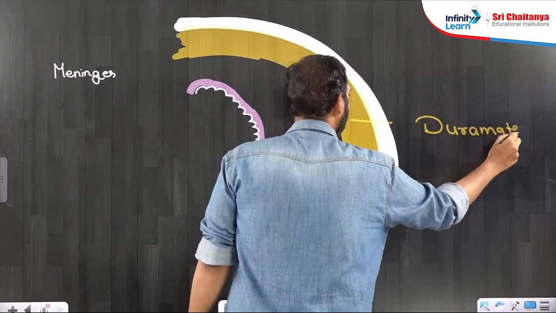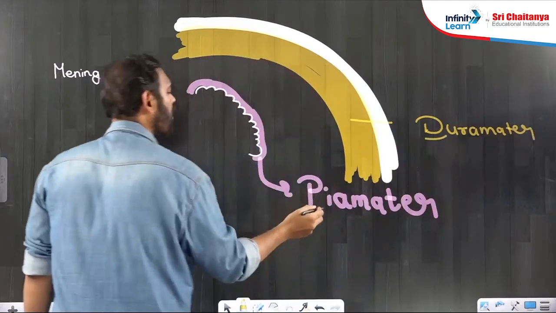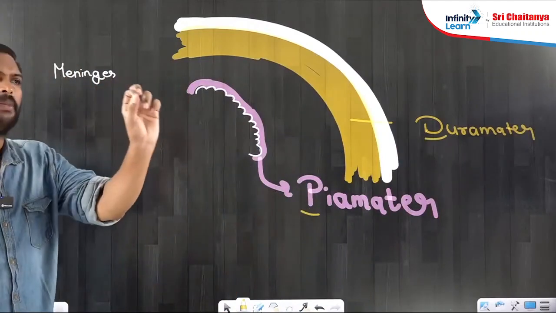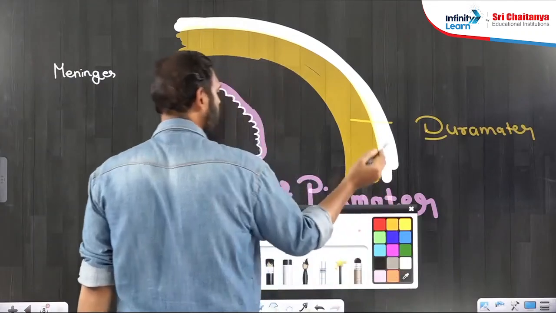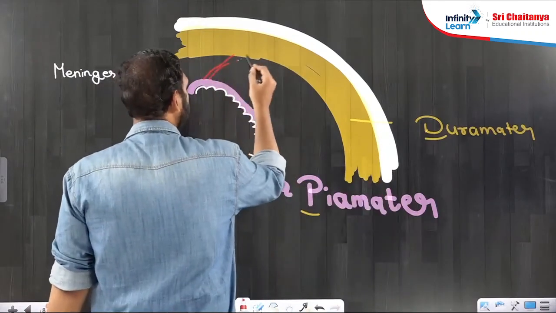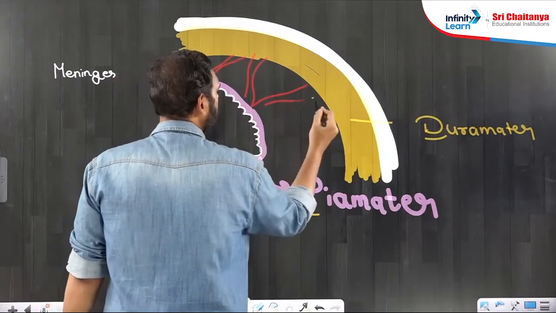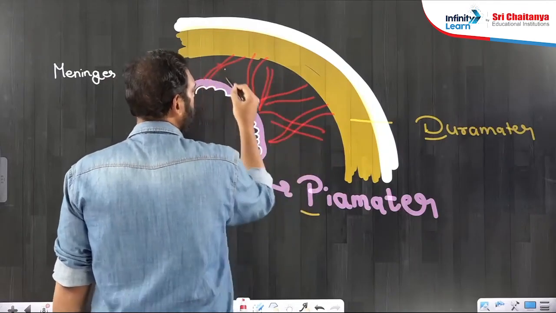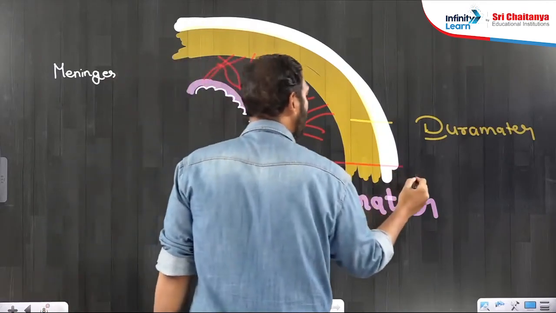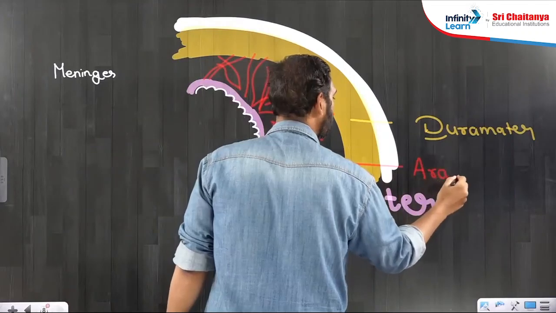And between dura mater and pia mater, there is a middle meninge which looks like a spider's web because of its vascularized nature. The middle meninge is referred to as arachnoid membrane.